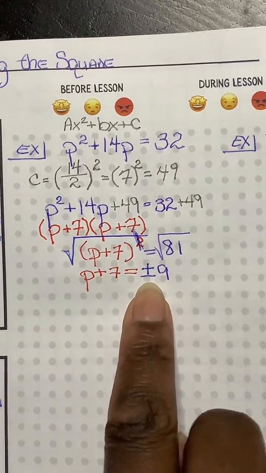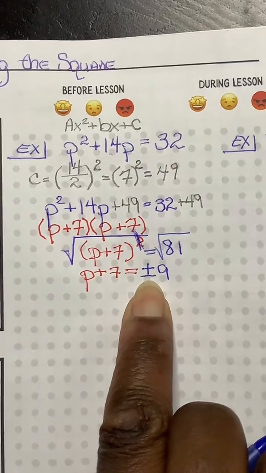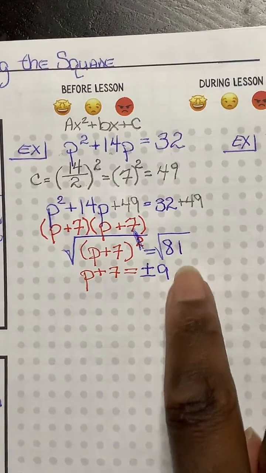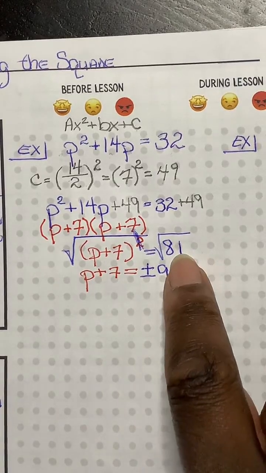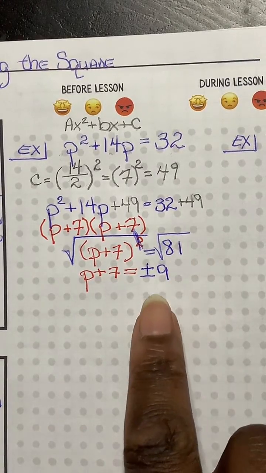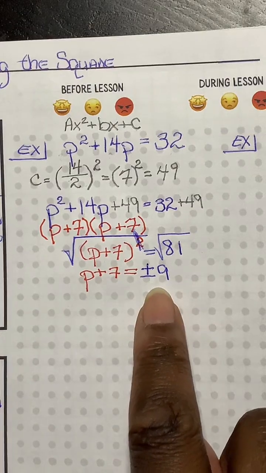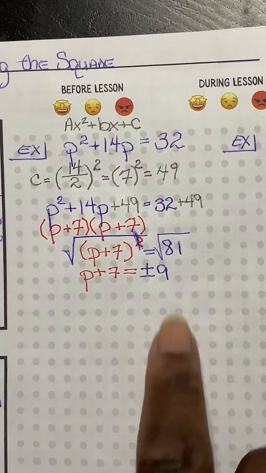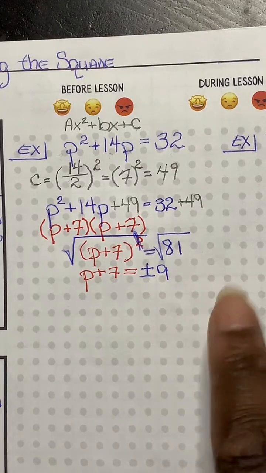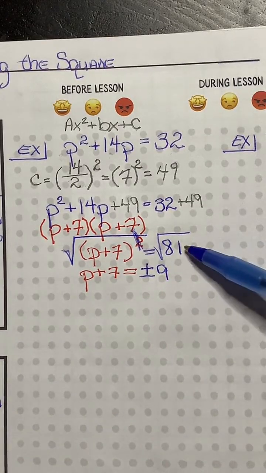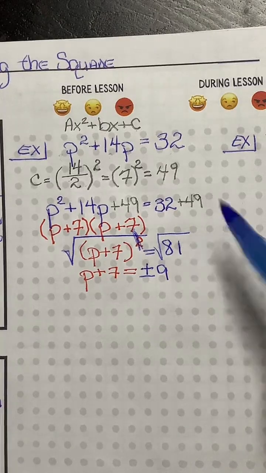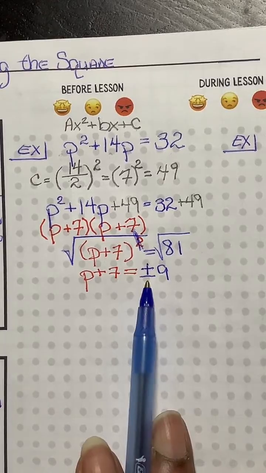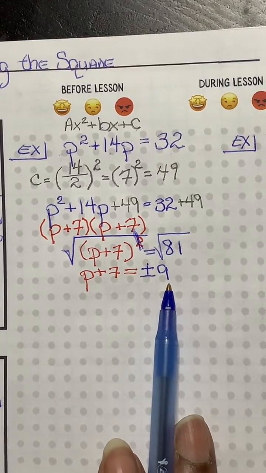And you're probably like, whoa, where's that plus minus come from, right? So remember, 81, if I had 9 times 9, that will give me 81. As well as negative 9 times negative 9 will also give me 81. Because remember, a negative times a negative gives me a positive. So when you are solving and you're coming out of a radical, you always have to put both the positive and the negative of your solution.